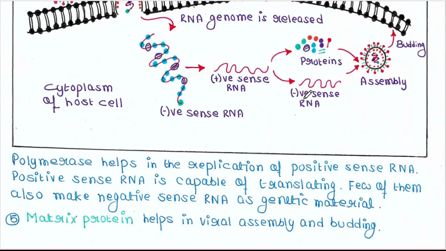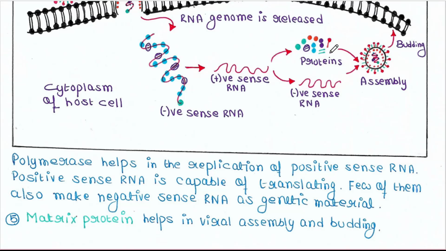So basically, from negative sense RNA, positive sense RNA will be formed, and from positive sense RNA, again negative sense RNAs will be formed. This is important since the virus actually has the negative sense RNA, not the positive sense RNA. So negative sense RNA should be formed as well as proteins to assemble the virus.